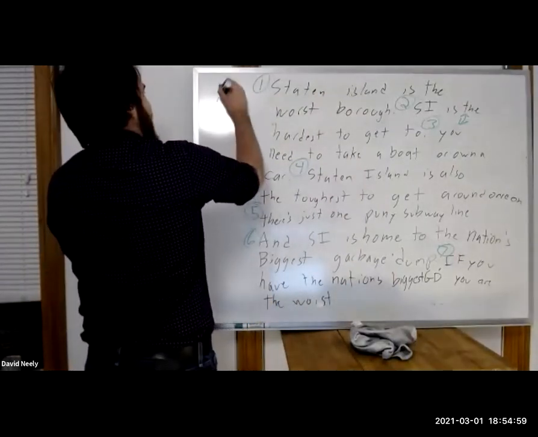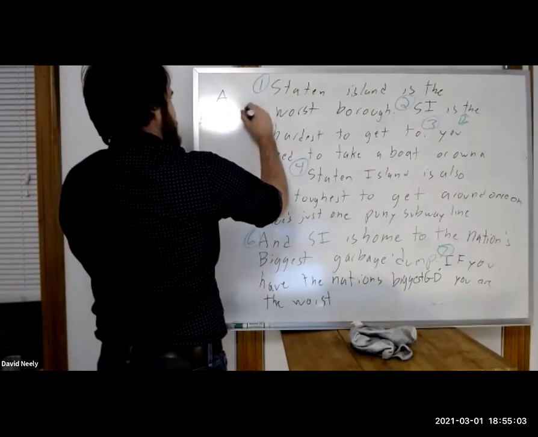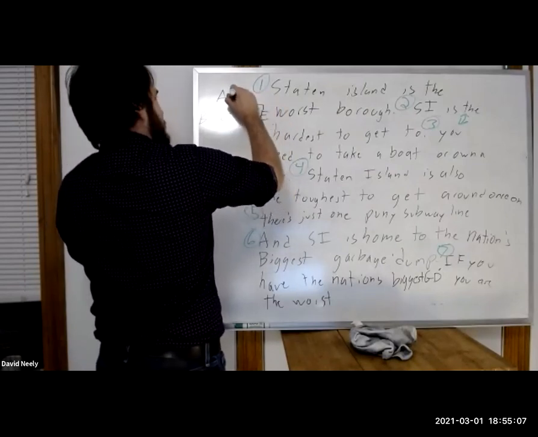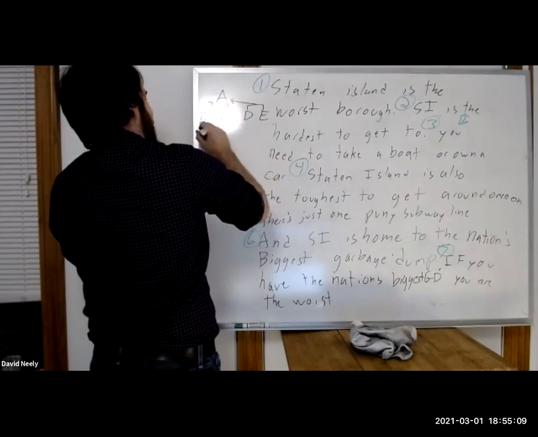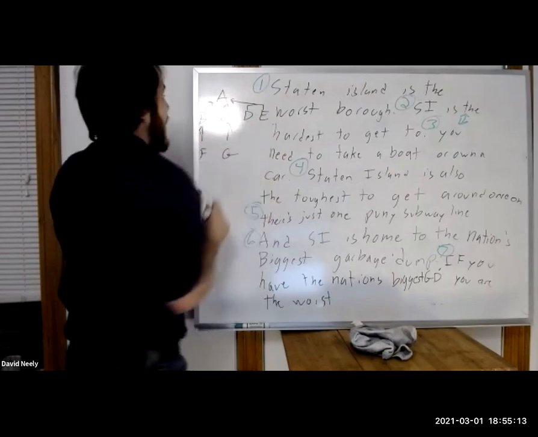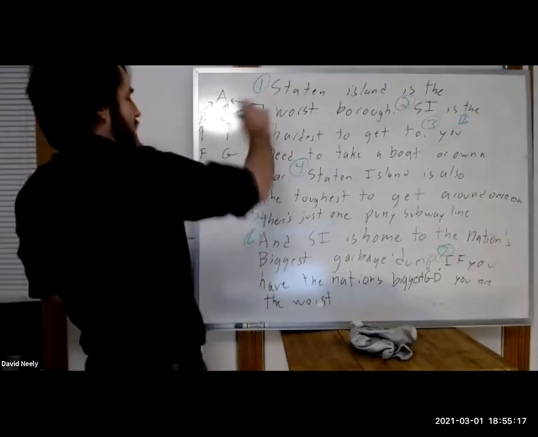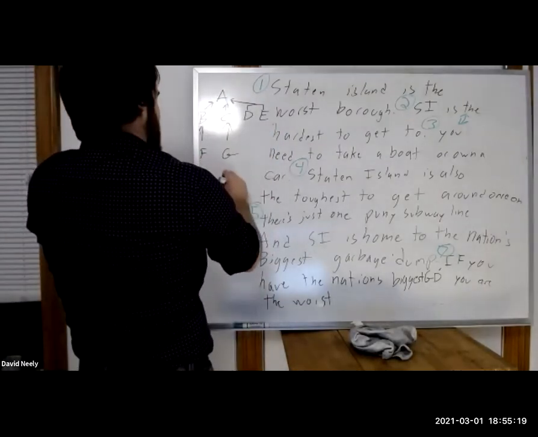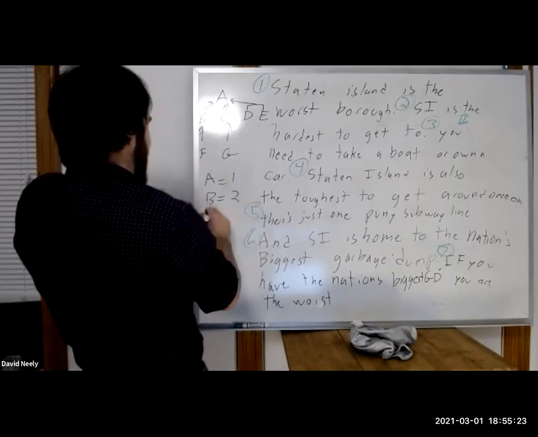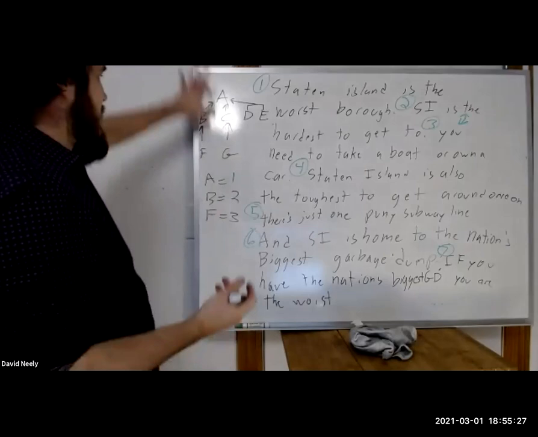It would say A, B, C, D, E, F, G. And then I'd ask you which, and the answer would be something like A equals 1, B equals 2, F equals 3. That's how you would answer it, just lining it up like that.